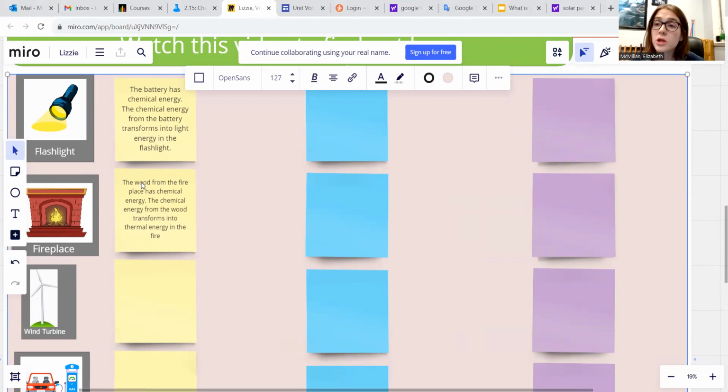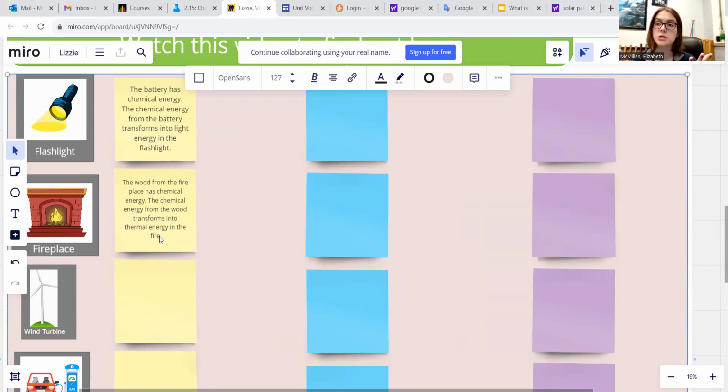If I go over here, I'm looking for keywords. The wood from the fireplace has chemical energy, so I know the first energy type I'm looking for in my example is going to be chemical energy. The chemical energy from the wood transforms into thermal energy in the fire. So now I know that the second energy type I'm looking for is thermal energy.